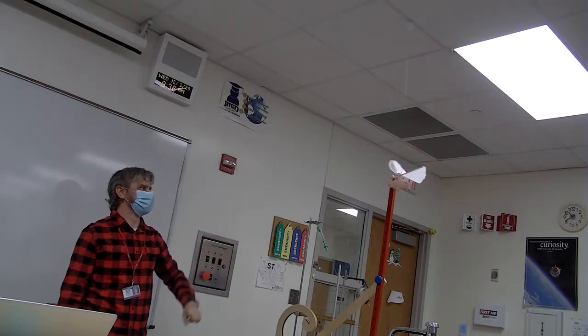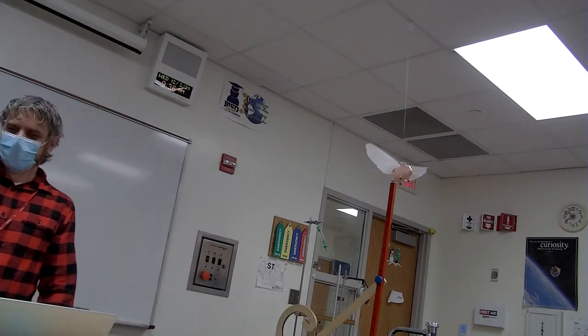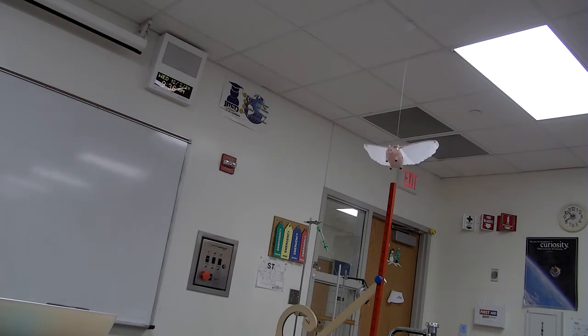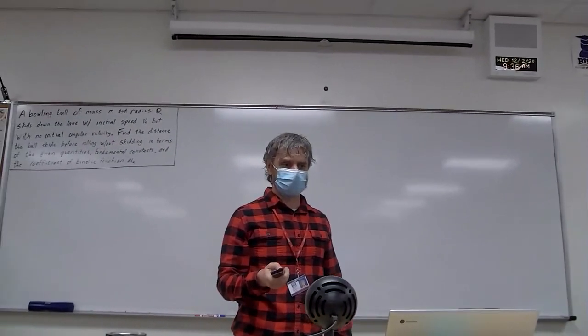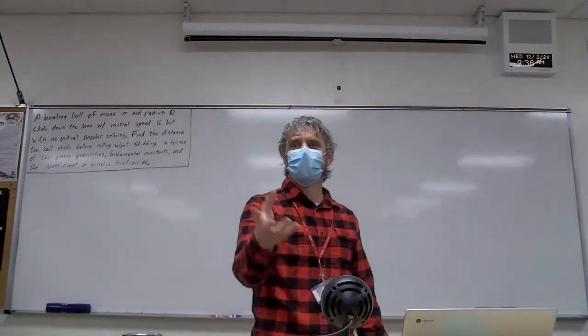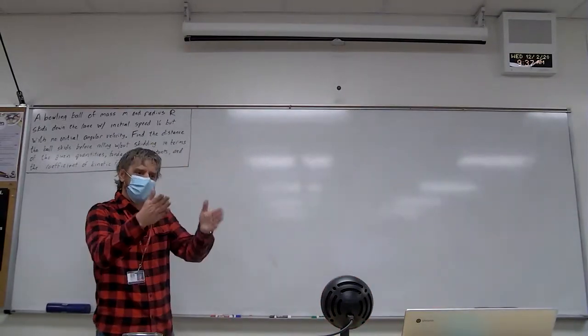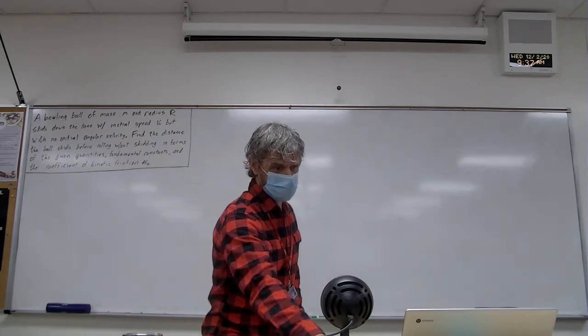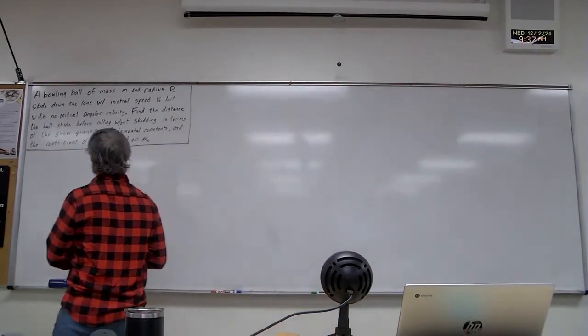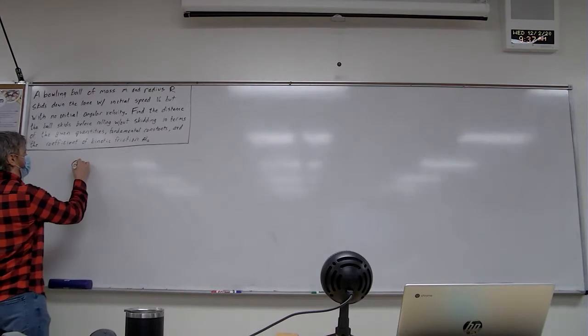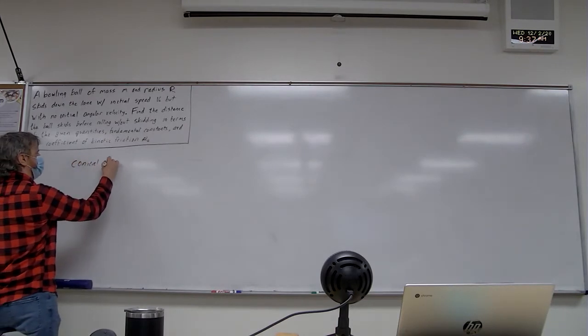So the wings are there just to keep him moving in a circle of constant radius at constant speed. It essentially negates the air resistance and just keeps him oriented. Okay? So again, that's what's called a conical pendulum.